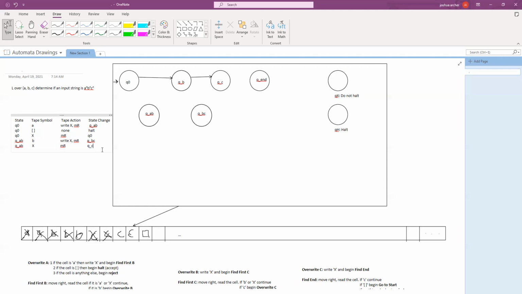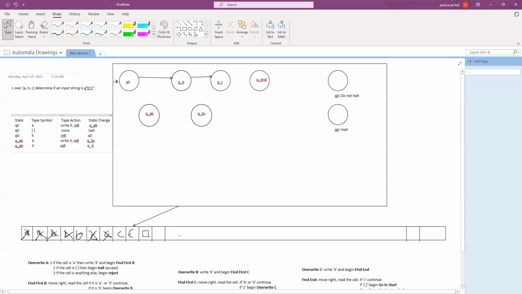Okay. So how do we keep track of each A, B, and C that we marked off? What you do is you mark off one A, you go to the end of the tape. You find the first empty piece, you write some symbol. In the book, it's D. And then you go back to the first A and you mark off another one and you go write another D at the end. You do that until you run out of A's.